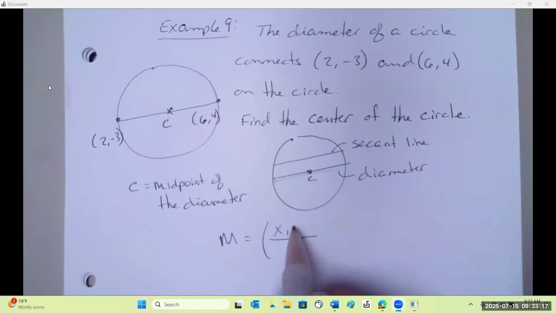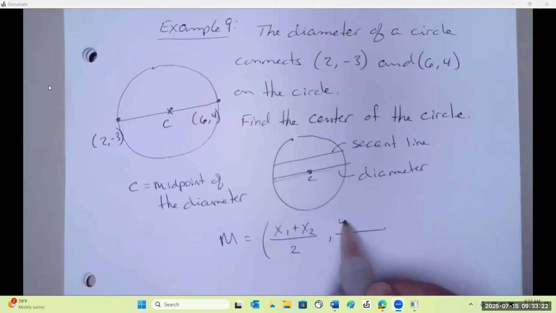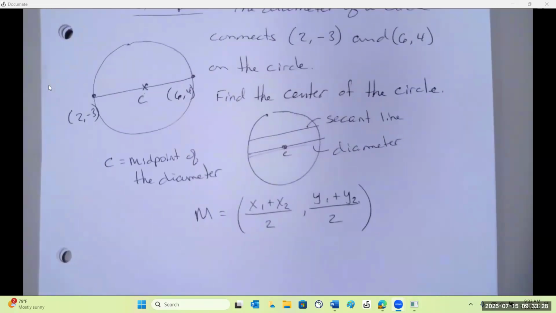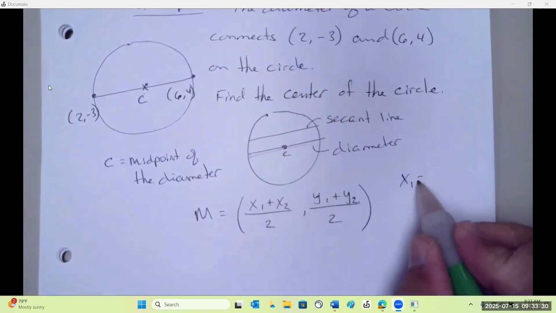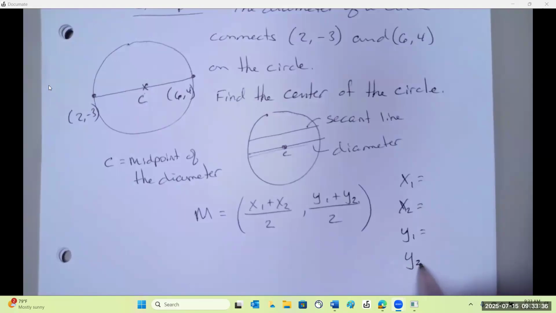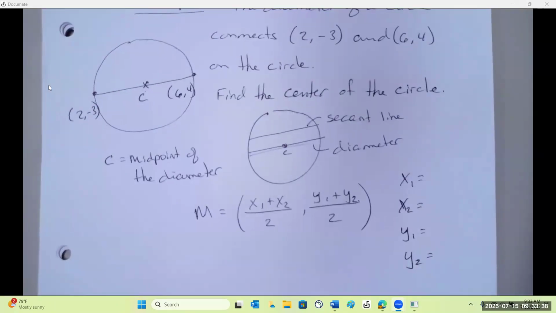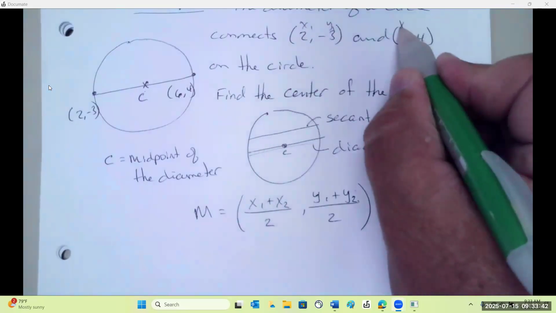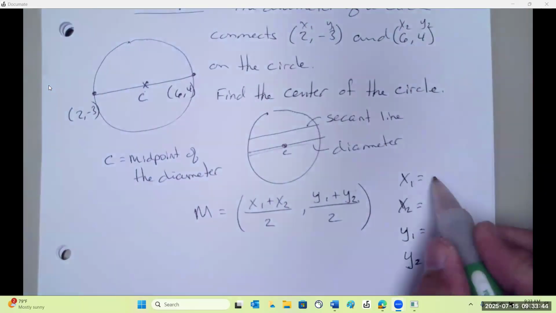So we have x1 plus x2, y1 plus y2 over 2. Again, label your points. This is x1, y1, x2, y2.